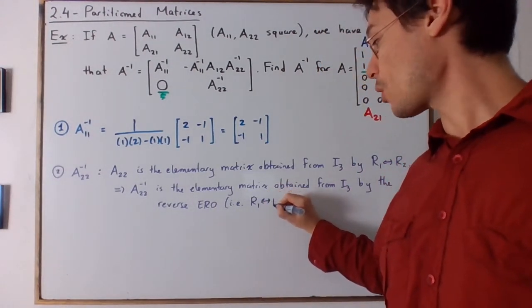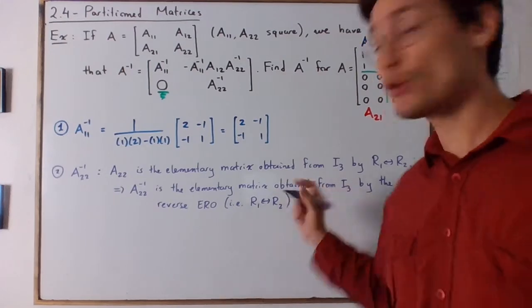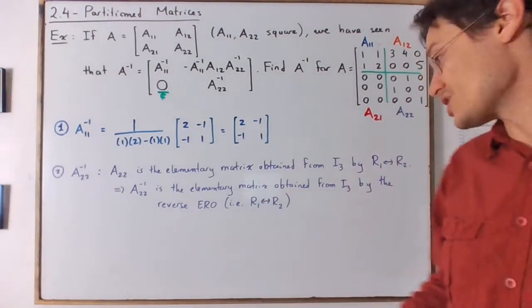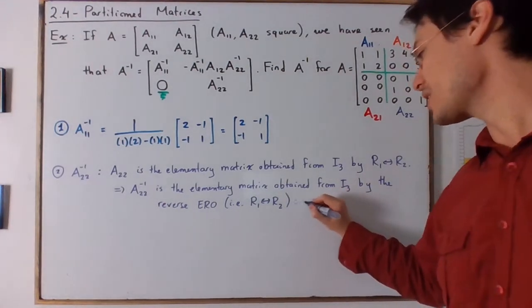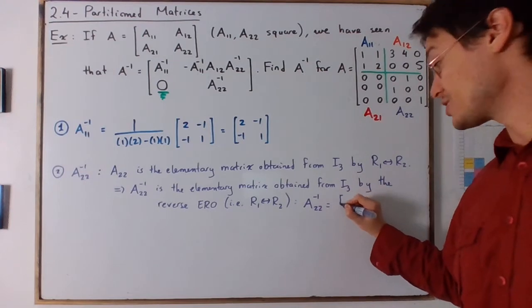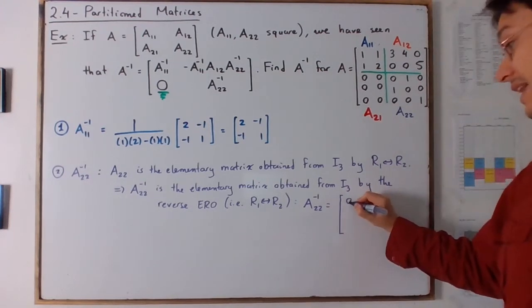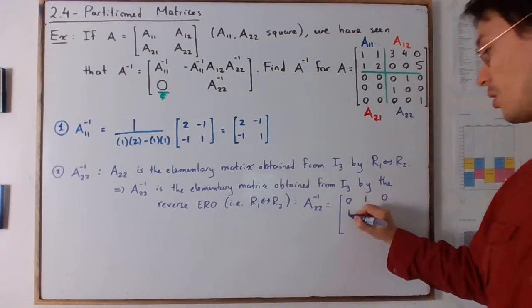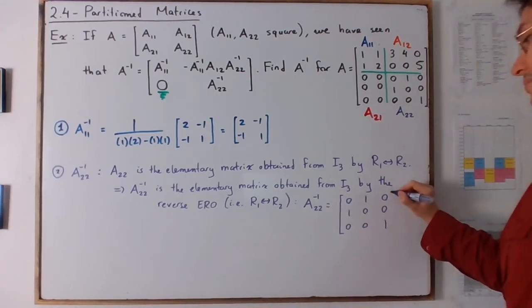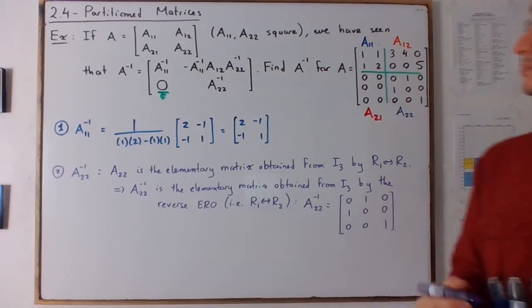The reverse of a row interchange is the same row interchange, because it will swap back the two rows to their original position. So there we go. From there, we have the inverse of A22, which turns out to be 0, 1, 0, 1, 0, 0, and 0, 0, 1.